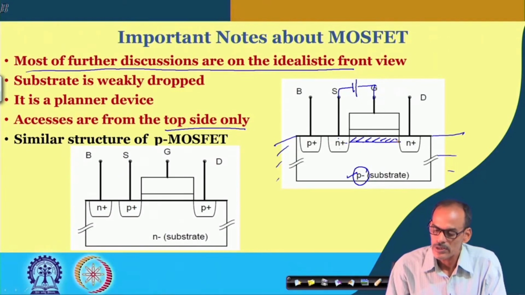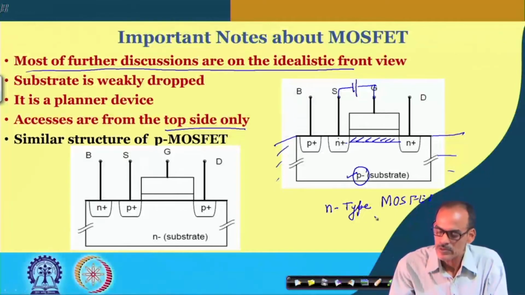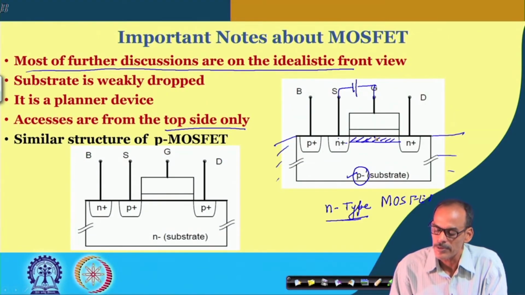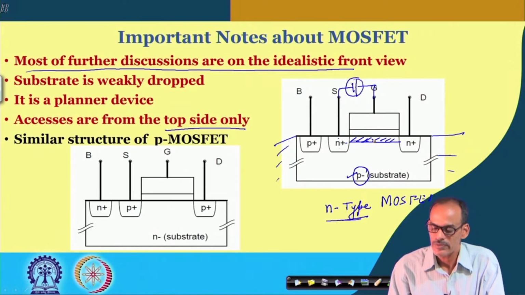That is why this device is referred to as an n type MOSFET, or simply an n MOSFET. When you say n type, it refers to the type of the channel that would be created. Of course, originally it was p type, but after applying the voltage here, the channel gets converted into n type.